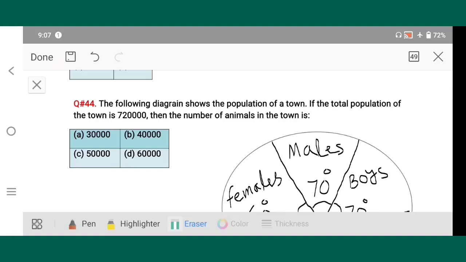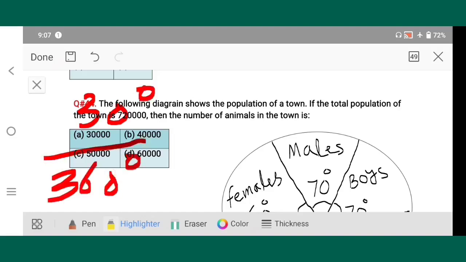So animals 30 degree. So just write down 30 degree divided by 360 degree, we know that there is 360 degrees in the circle. So just multiply the total population to it.